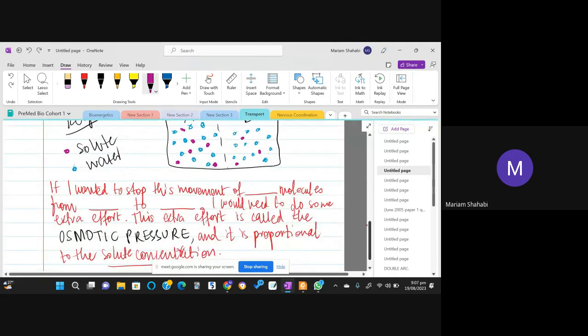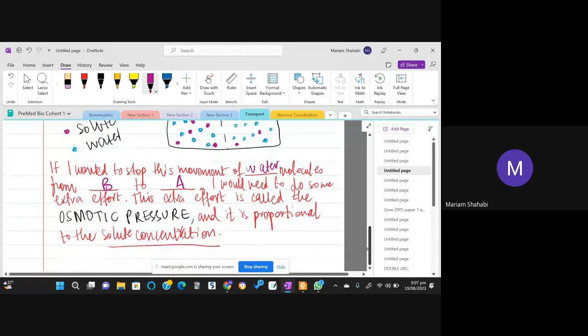If I wanted to stop this movement of water molecules from solution B to solution A, I would need to do some extra effort, and this extra effort is called the osmotic pressure, and it is proportional to the solute concentration. ठीक है?